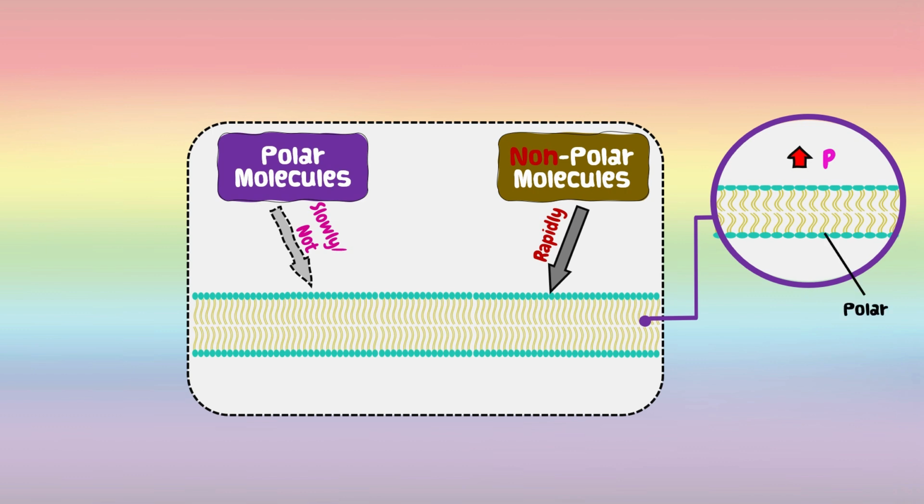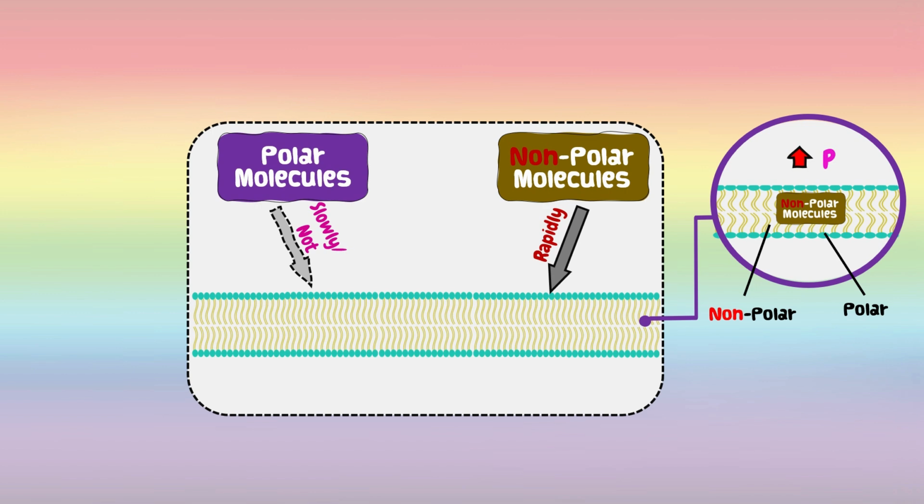Well, this is the plasma membrane, as we know. Heads are polar, while tails are nonpolar. So the reason is that nonpolar molecules can dissolve in the nonpolar regions of the membrane, occupied by the fatty acid chains of the membrane phospholipids.